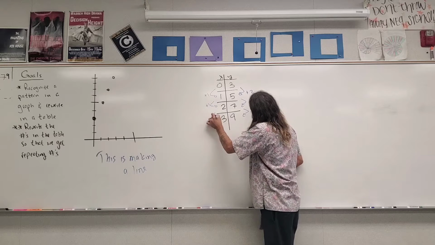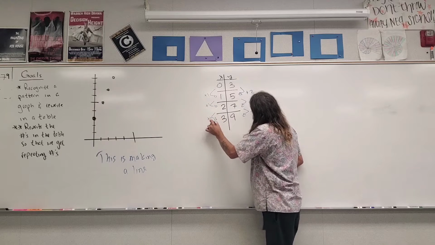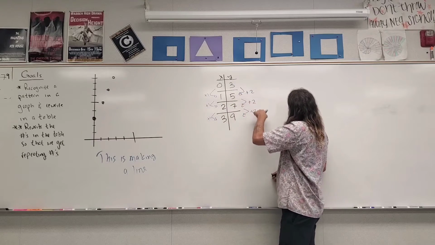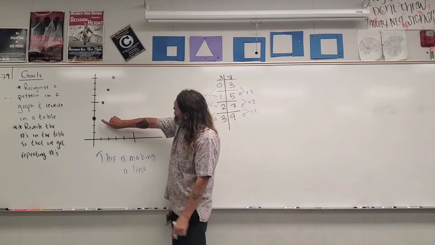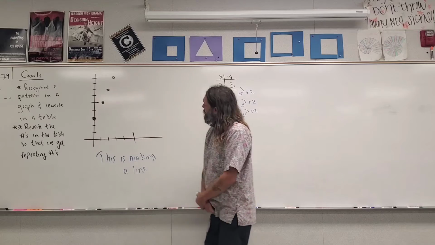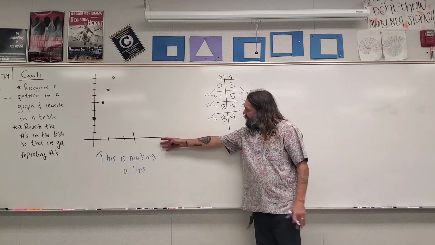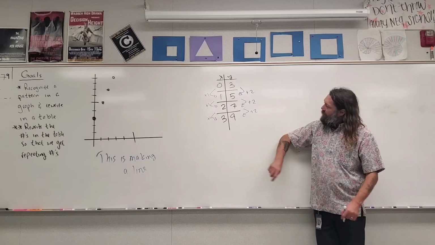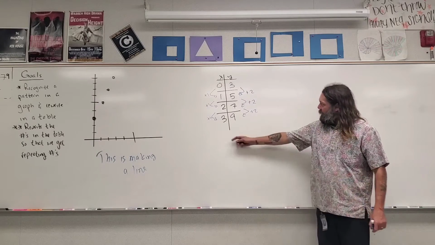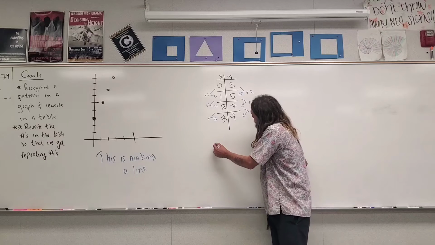So when I have this constant increase in the x and y values, I'm going to have what we call a linear pattern. I wanted to establish that a linear pattern graphically also has a pattern in the table, and it makes sense, right?